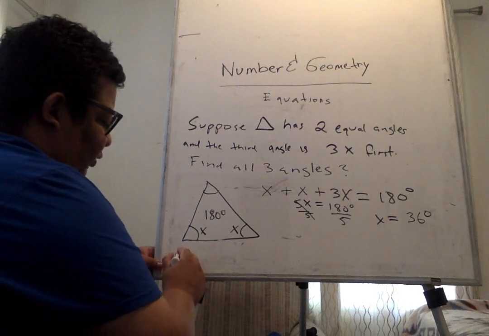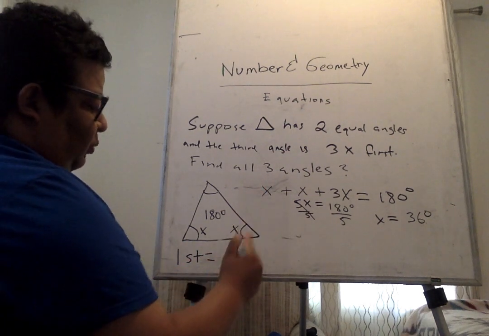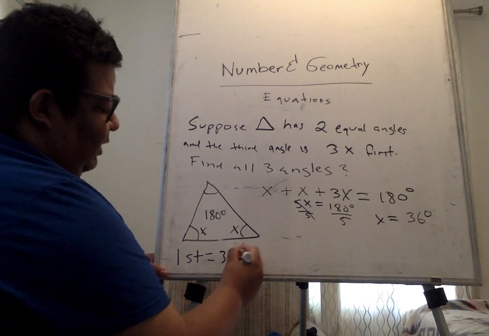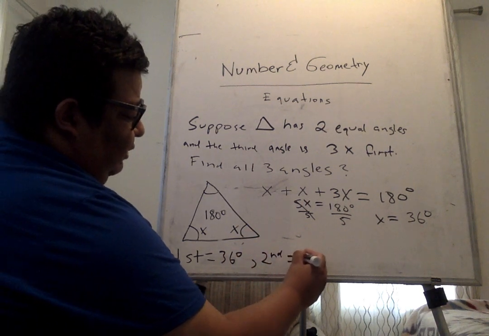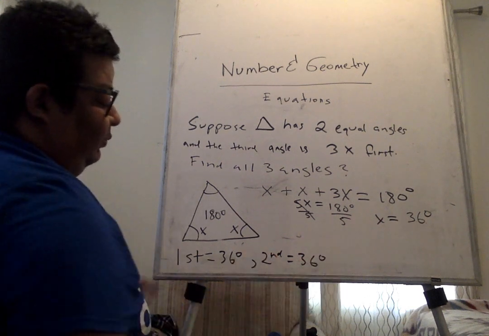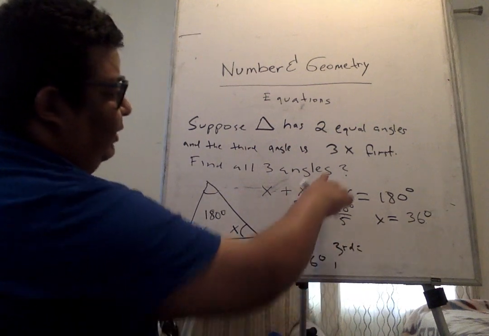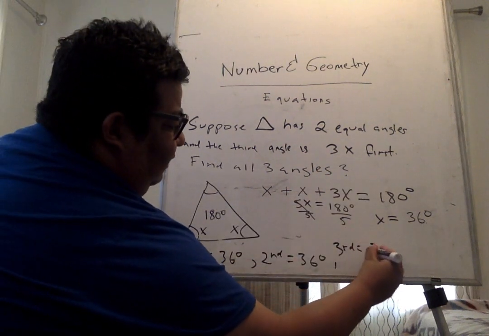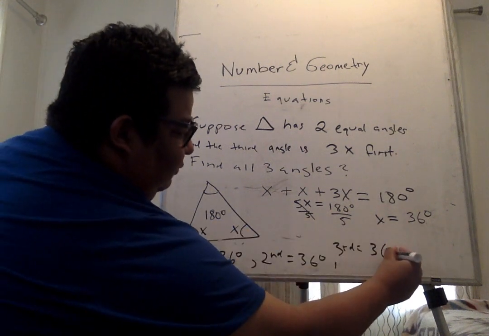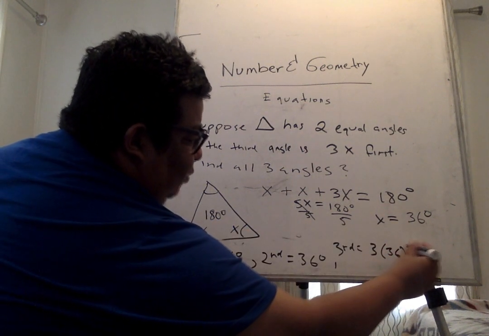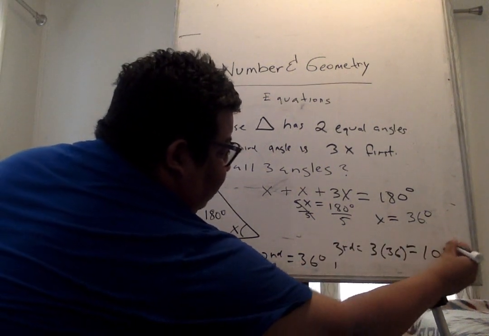Now we know that the first one is 36 degrees, and the second is 36 degrees as well. The third one is going to be 3 times the first, so 3 times 36, which is equal to 108 degrees.